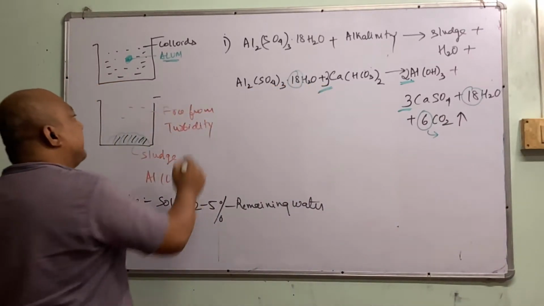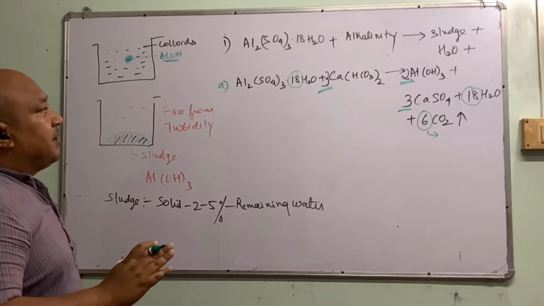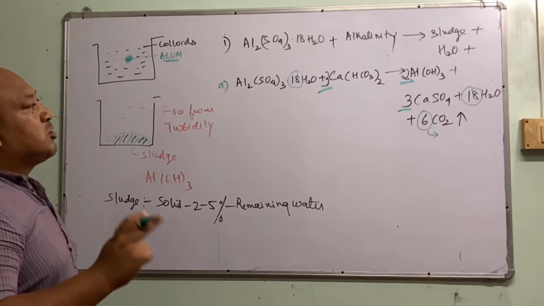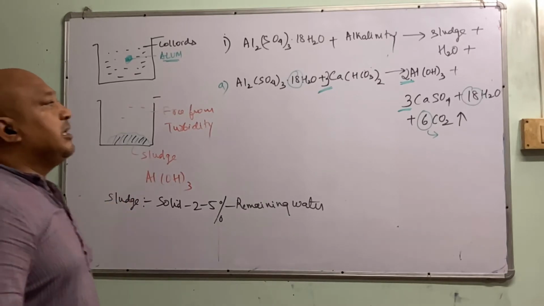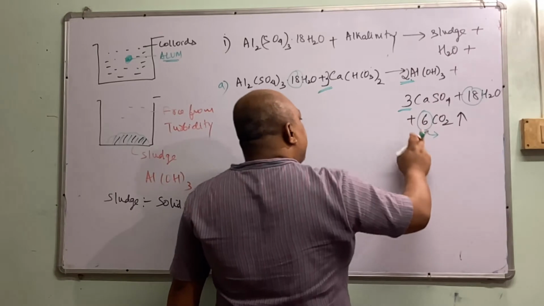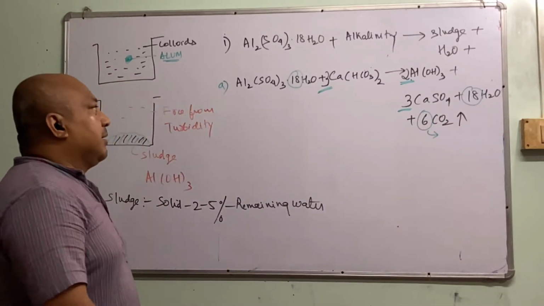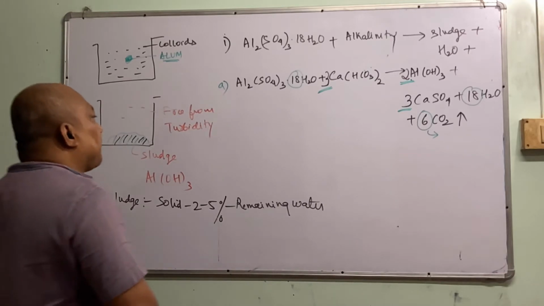This equation is one of the best examples. That means an alum consumes 3 moles of alkalinity to produce 2 moles of the sludge, and it releases 6 moles of carbon dioxide. Let me come to the question again.